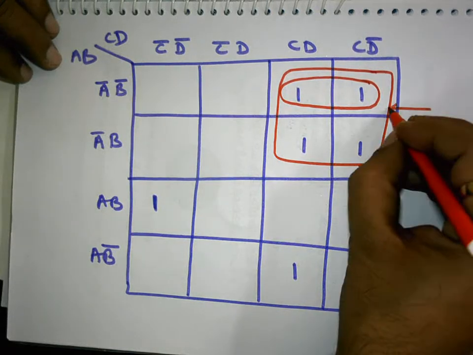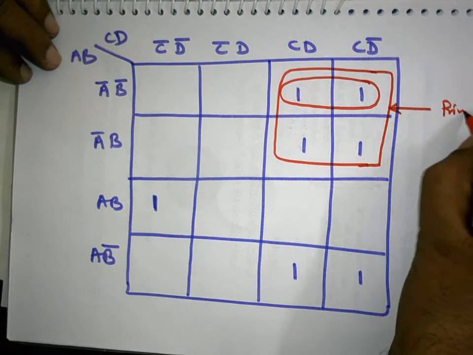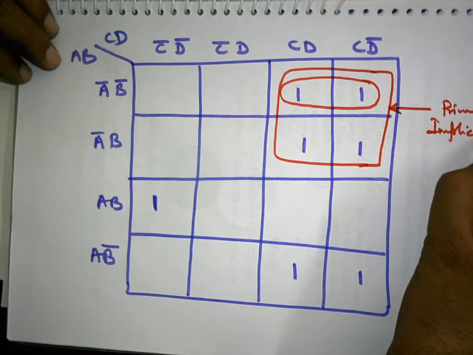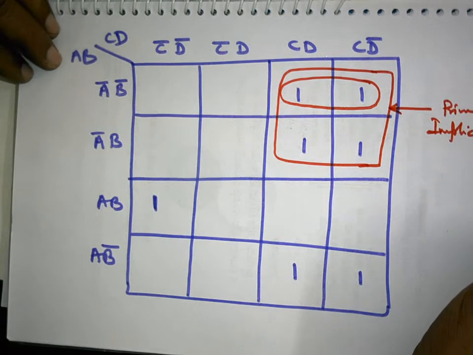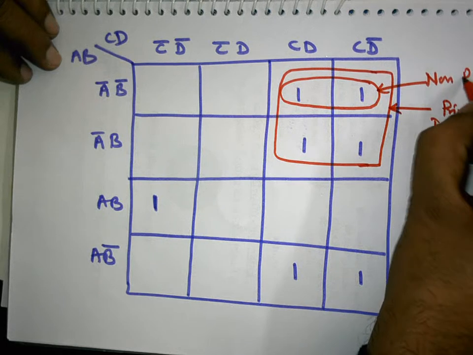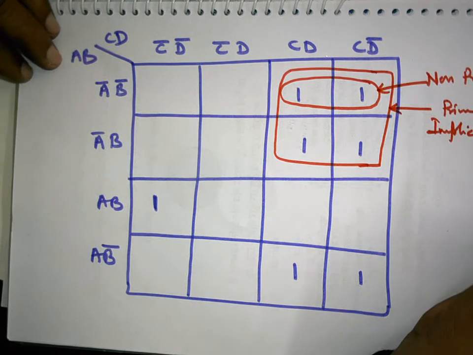So this group is called a prime implicant. This is non-prime. Non-prime means it can further be simplified. It can further be grouped.